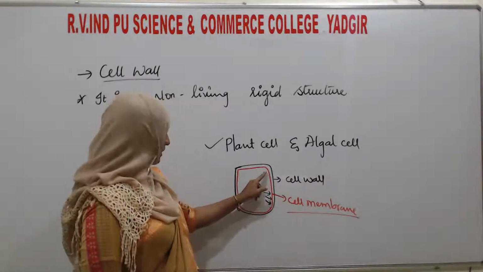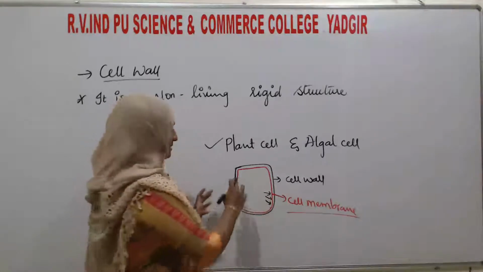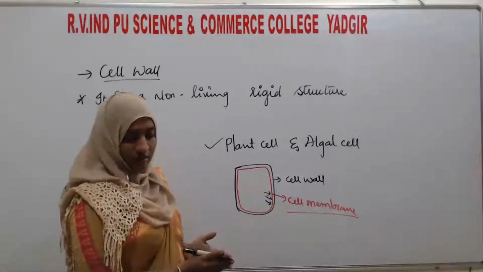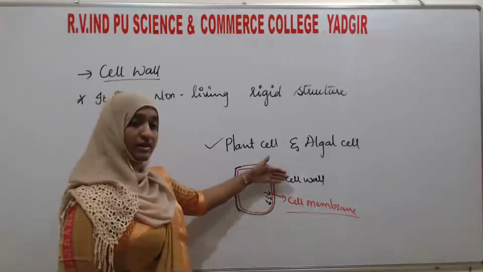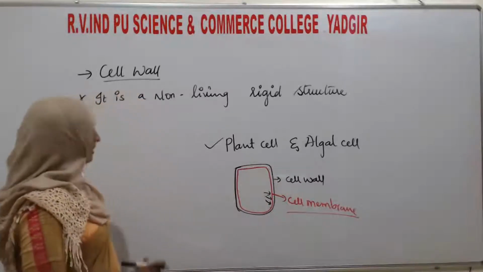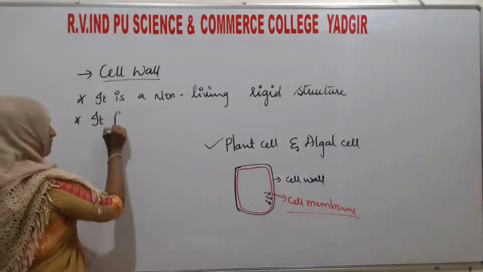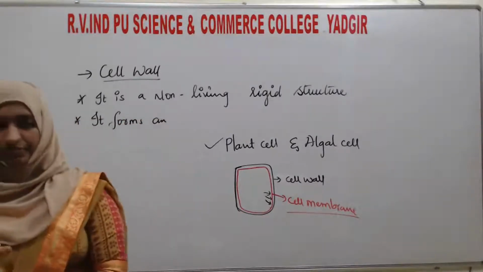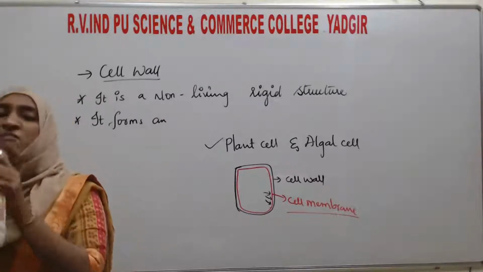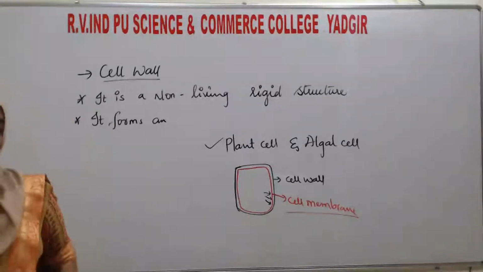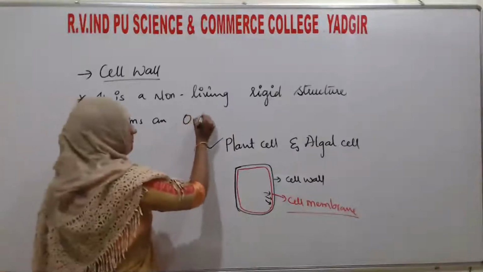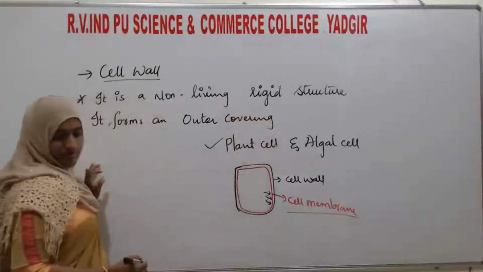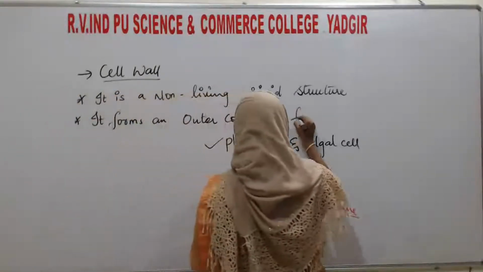Around this red colored line, you can see a black colored line forming the outermost covering over the cell membrane. It forms an outer covering for the plasma membrane.